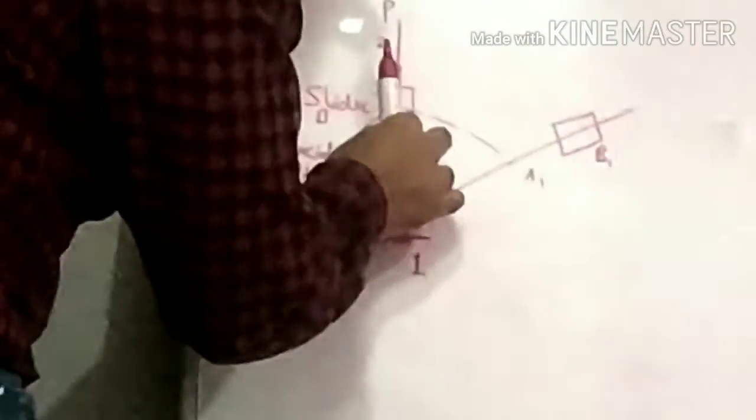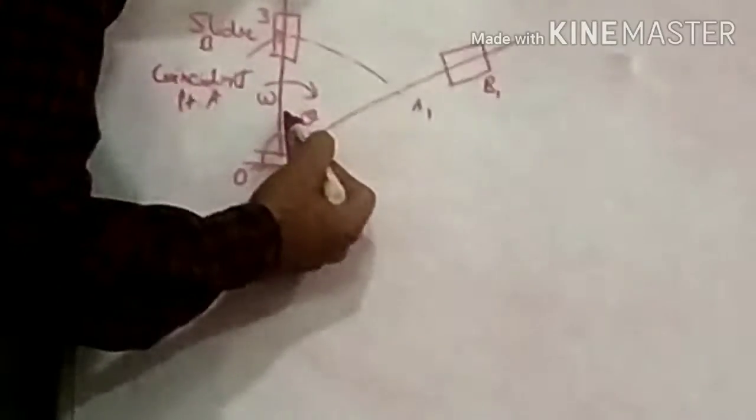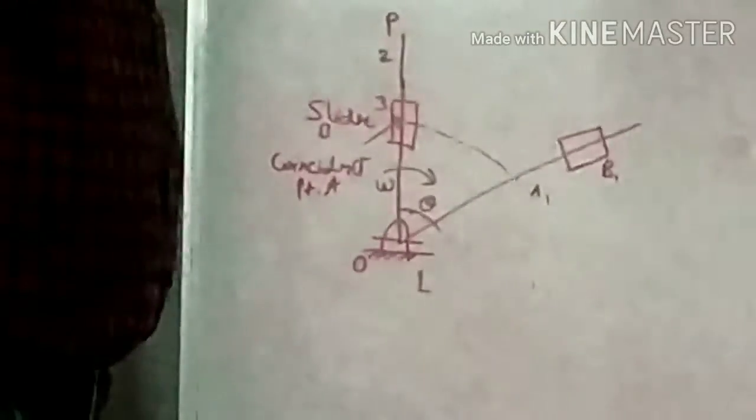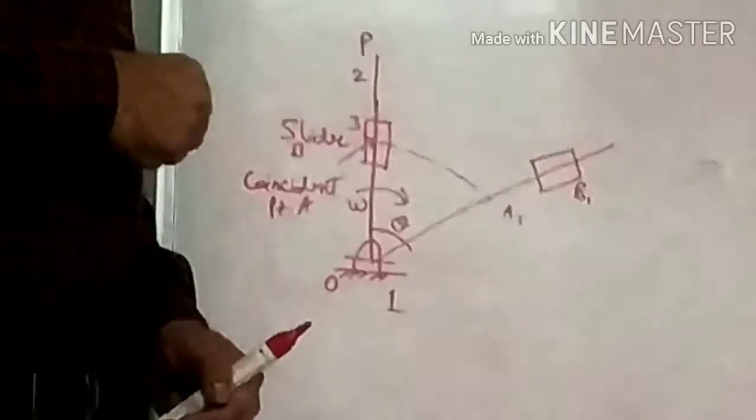Suppose the slider is moving along the link OP, and at the same time link OP rotates to the next position. So slider B shifts to position B1, and link OP turns through an angle theta. In this case, the Coriolis component of acceleration comes into existence.